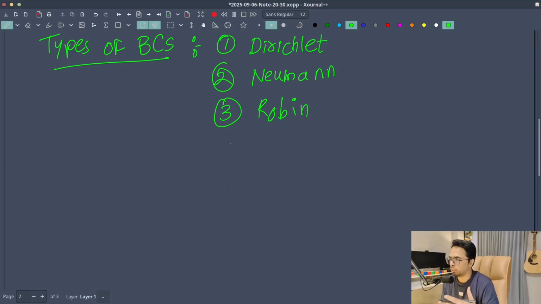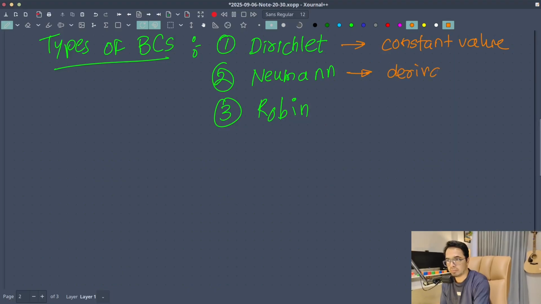If I have to give you a plain simple explanation of what these 3 types of boundary conditions are: Dirichlet is when we define a constant value at the boundary. Neumann is when we use a derivative instead of a constant value.